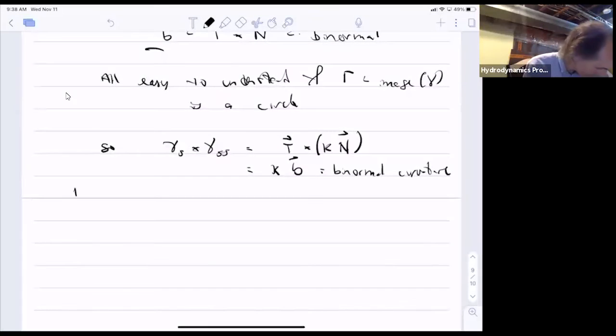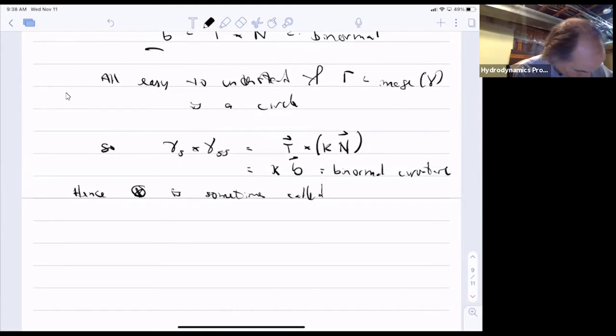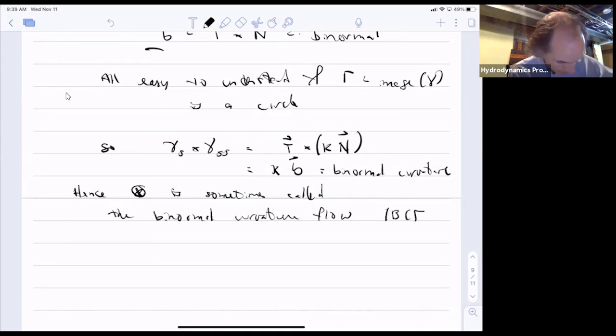So hence star is sometimes called the binormal curvature flow. This is the name I'll use for it, and I'll abbreviate it BCF.